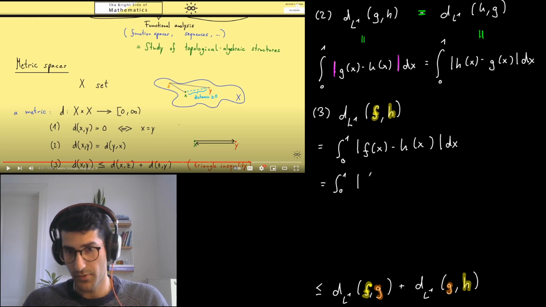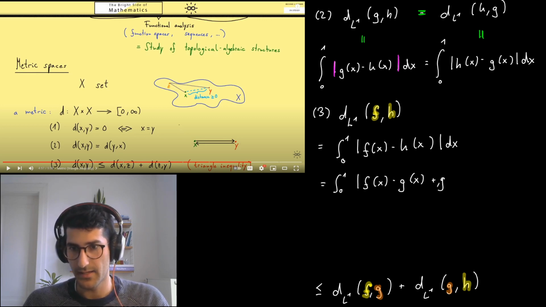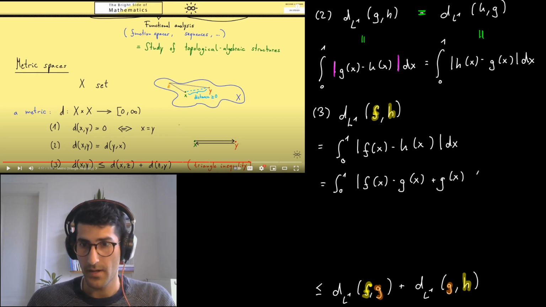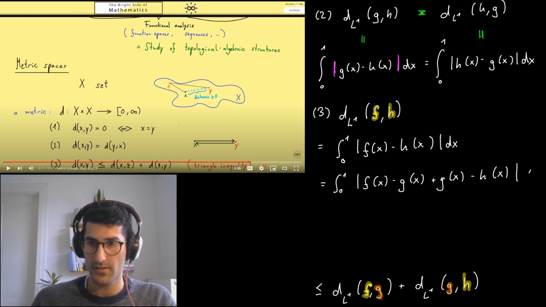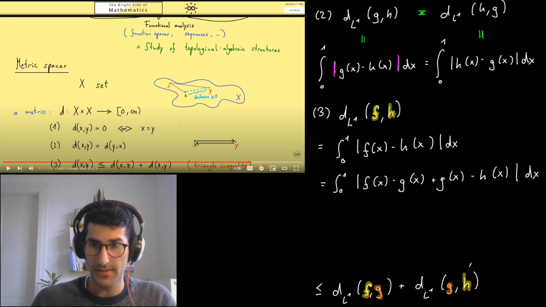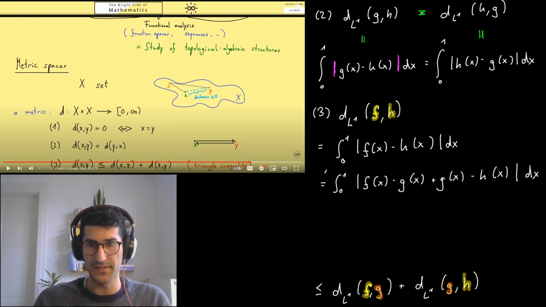We are going to put this inside the absolute value by first subtracting g of x and adding g of x afterwards again to have a 0. And then we take the difference again with h, close our absolute value, terminate our integral, and we have still just reformulated the expression before.